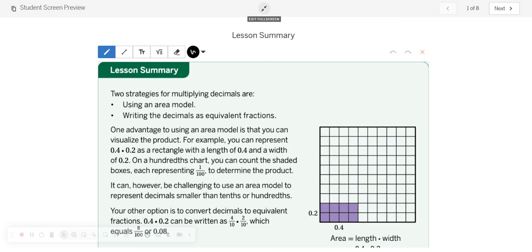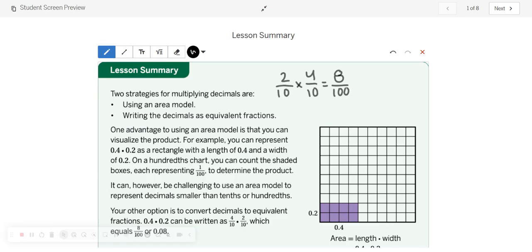Okay, so the most important part here is what's shown in this diagram with the purple. You've got 2/10 times 4/10, and if I wrote that out as a fraction, it's a little bit easier. You get 8. That's definitely never going to change. 2 times 4 is 8, and then 10 times 10 is hundredths.